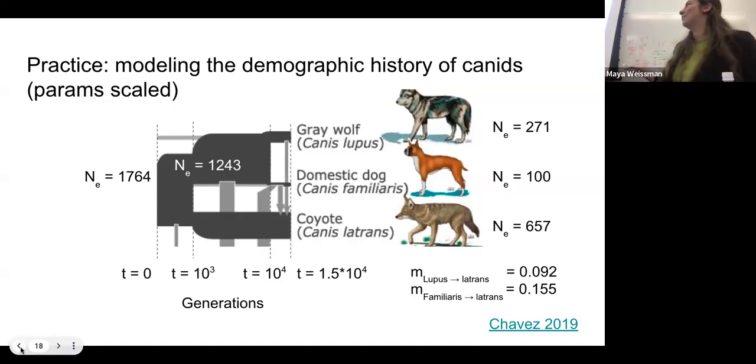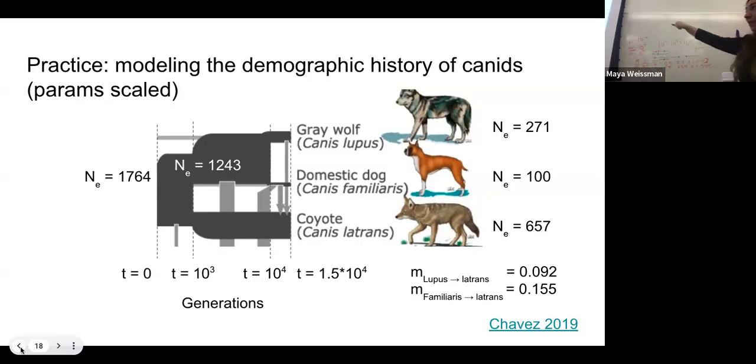You can round, just as long as you get in the ballpark of these figures, that's good. And then it split off around 10 to the 3 generations into coyotes and the common ancestor of gray wolves and domestic dogs. And then gray wolves and domestic dogs broke apart from their common ancestor a lot more recently.